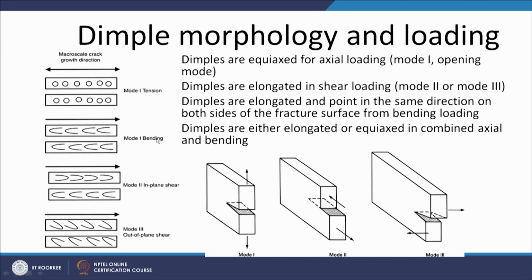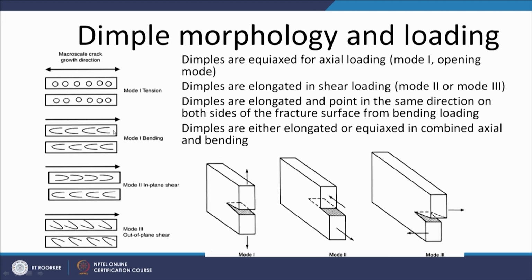While in case of the bending, what we can see is that the dimples are also elongated, but the direction of the elongation in both the fracture surfaces is the same. In mode 1 the external surface is experiencing the tensile loading, but under the bending conditions both the fracture surfaces will have the dimples oriented in one direction.